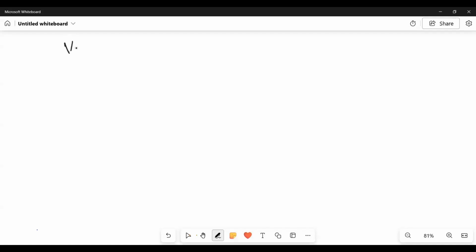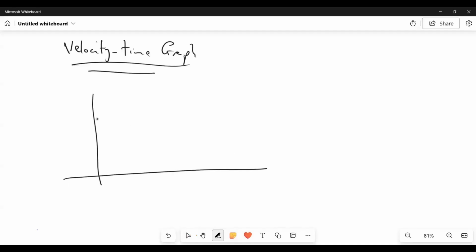So let's move to what we refer to as the velocity time graph. Basically, you plot the velocity here and you plot the time here. Time is what we call the independent variable.